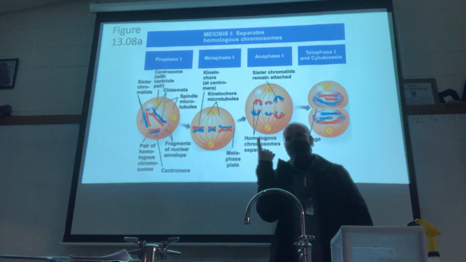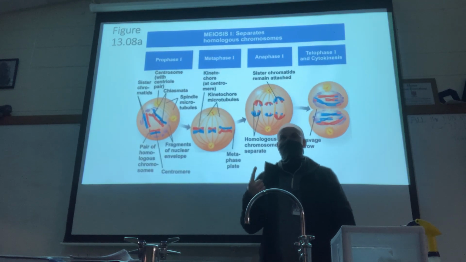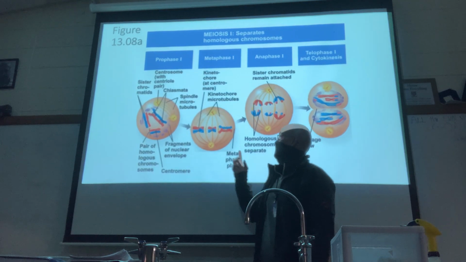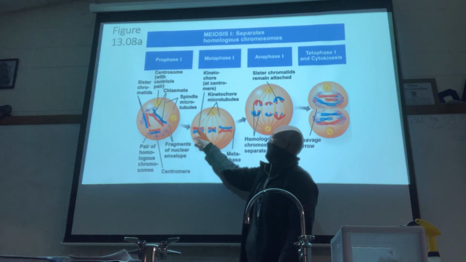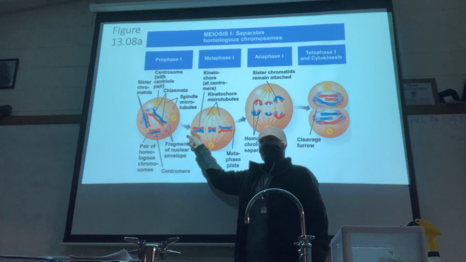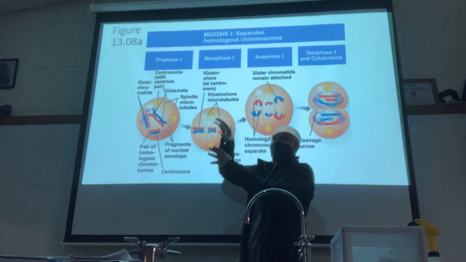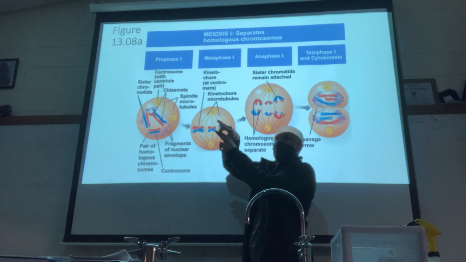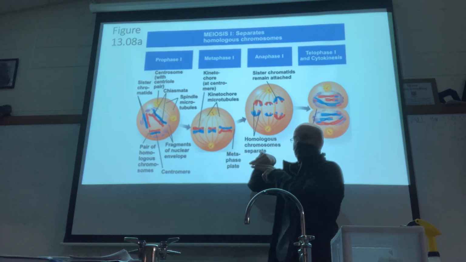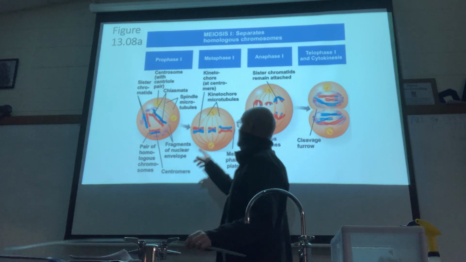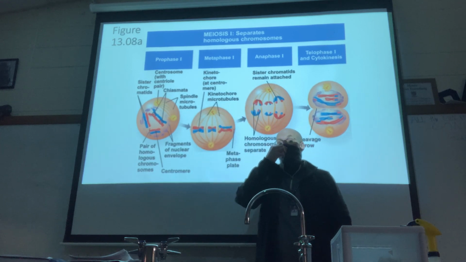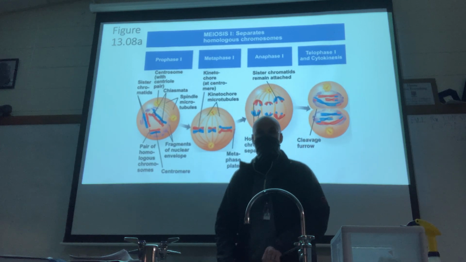That's only really one event in metaphase 1. I'm going to give you a second one in a second. But that first event that you want to note for this phase is the homologous chromosomes line up in the middle side by side. The other thing that happens is that the spindle fibers attach to the chromosomes.